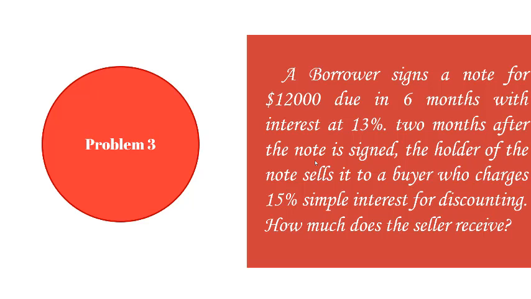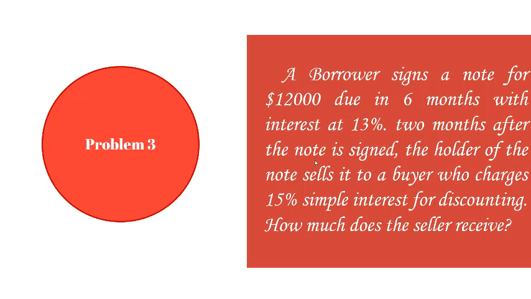Problem number 3. A borrower signed a note for $12,000 due in 6 months with interest at 13%. 2 months after the note is signed, the holder of the note sells it to a buyer who charges 15% simple interest for discounting.